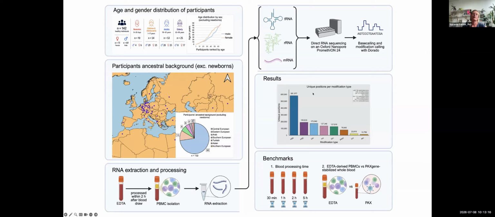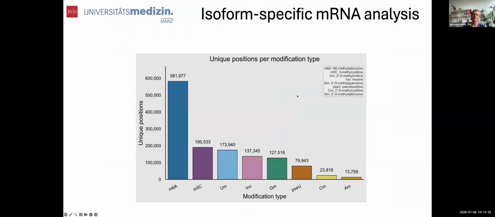And in the following, I will only focus on the mRNA, because this will be a nice, short overview. What this resulted in was first a very general overview of the modification landscape. I will make it a little bit bigger. What you can see is that we first predicted the unique positions that we can predict per modification type.